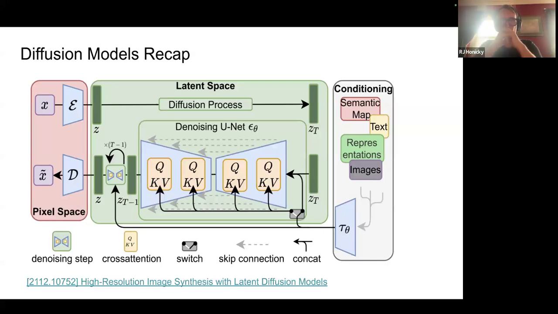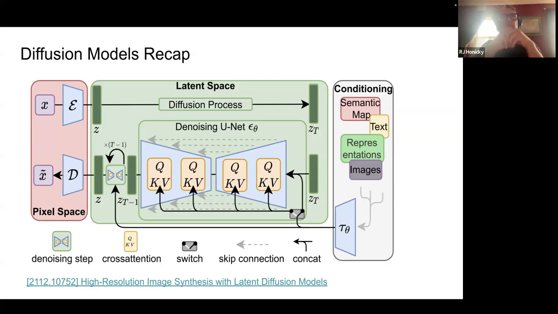The left side is the variational autoencoder, and that lifts the pixels into latent space. So we're not going to talk about that. And then the right-hand side is the conditioning on images and text. So that's how you actually prompt the model instead of just generating random images. And so we're also not going to really talk about that.